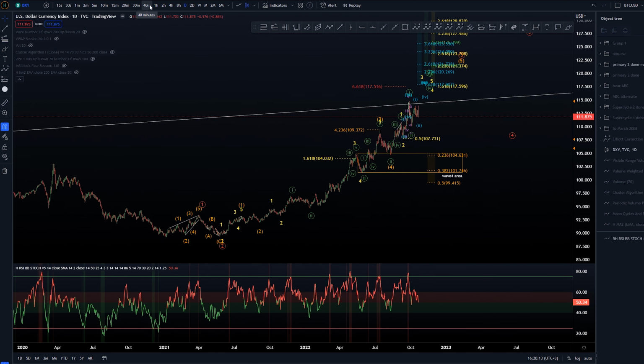Of course that could happen, but again expanding diagonals are way less common than contracting ones, so that's why I don't really like to prefer them unless there is nothing else that could explain the structure. In here, although this wave 1 of smaller degree is actually a bit larger than this one here, and we can see it from here.